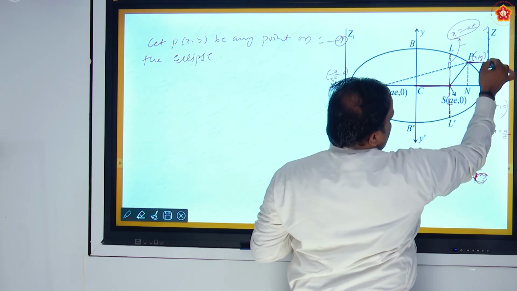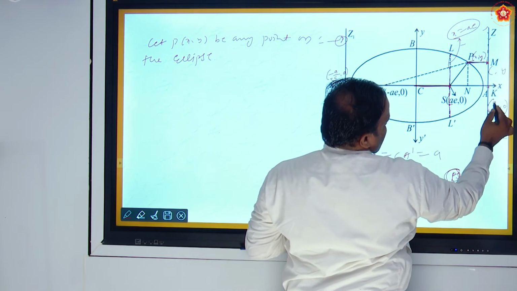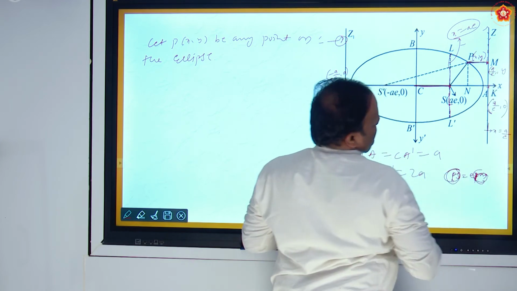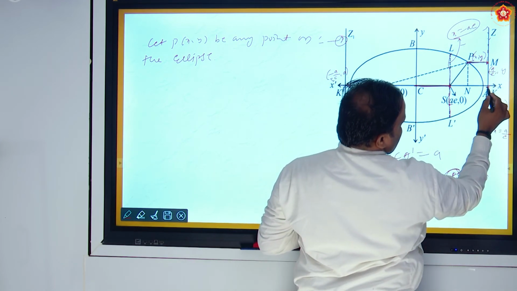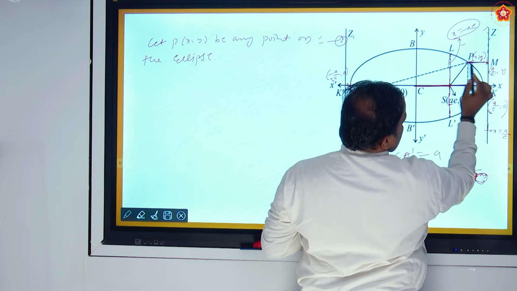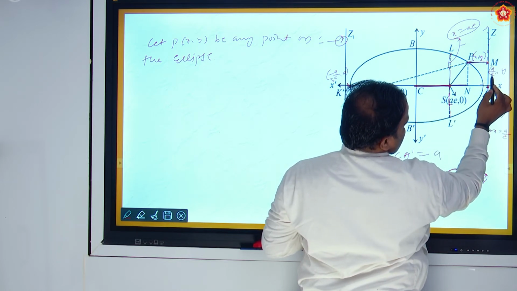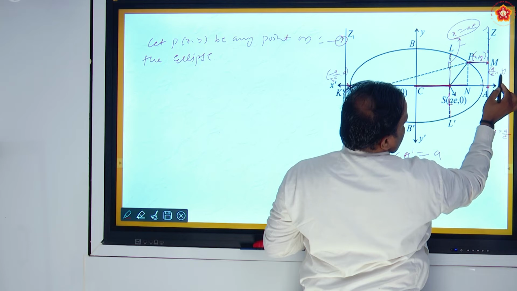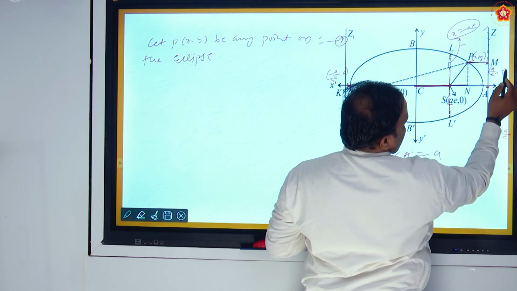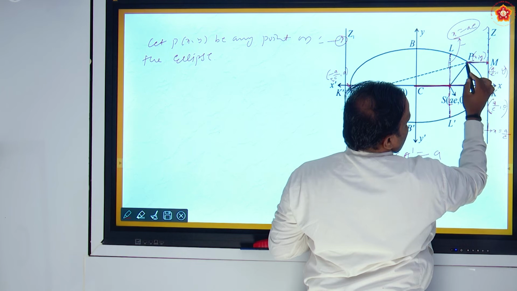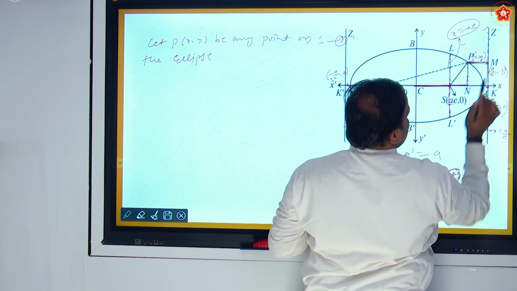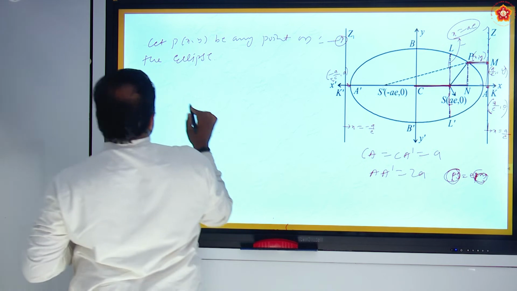You take any point on this line, the x value is a by e, because we already found that CK is nothing but a by e. If CK is a by e, then M is also a by e. Here the point lies on the x axis, so y is 0, but here the y coordinate is y. These both are the same.